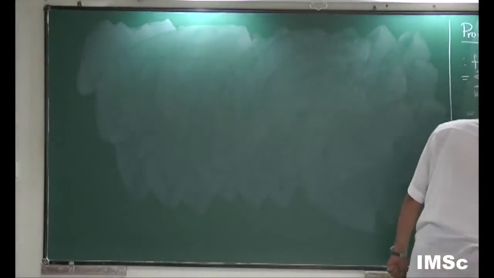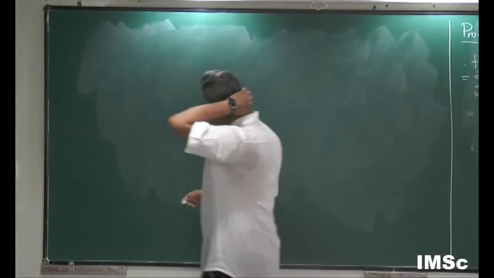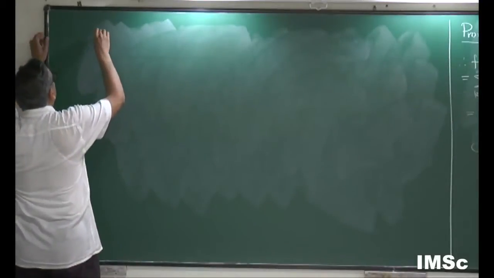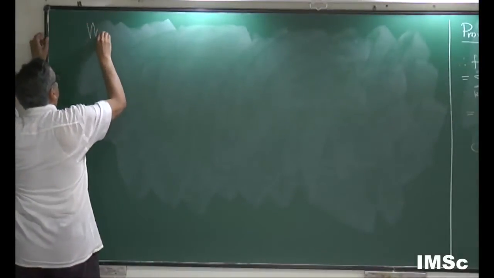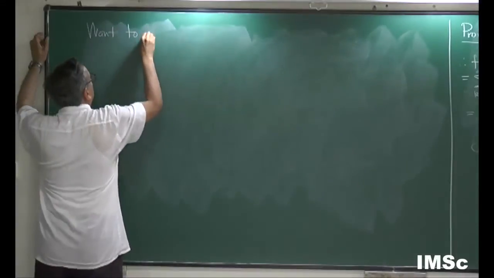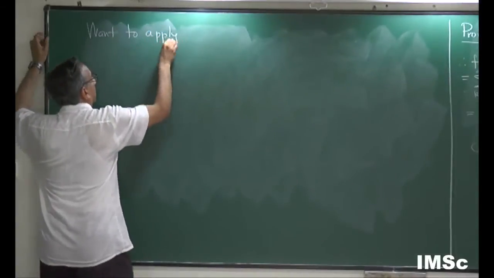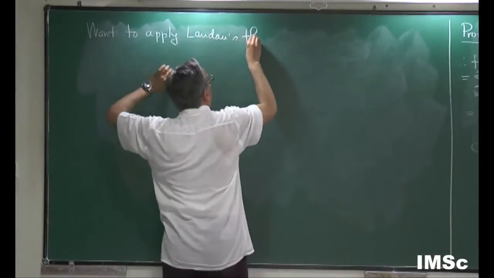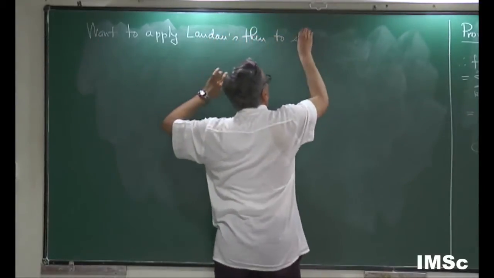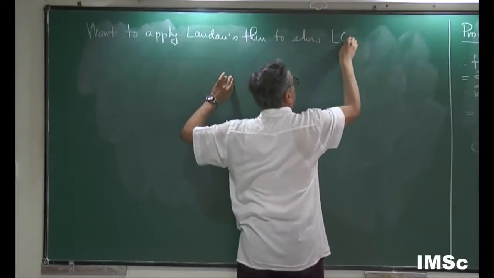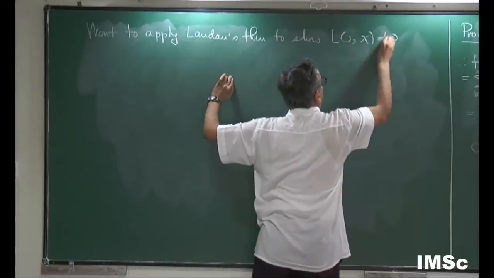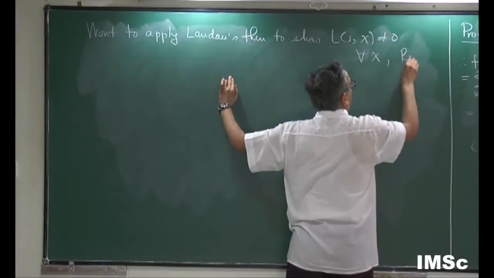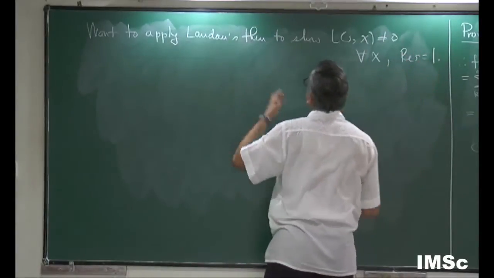So we want to apply this theorem, Landau's theorem, to show L(s, chi) is not 0 for all chi, real part of s equal to 1.